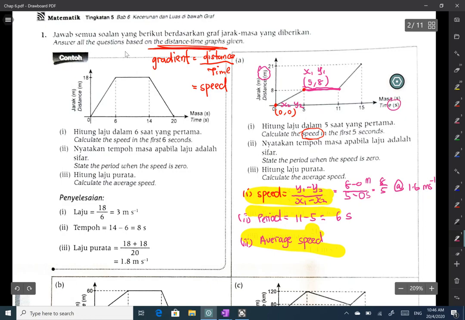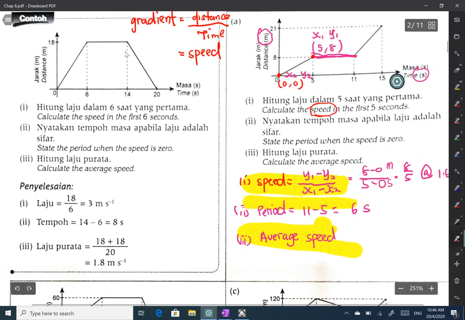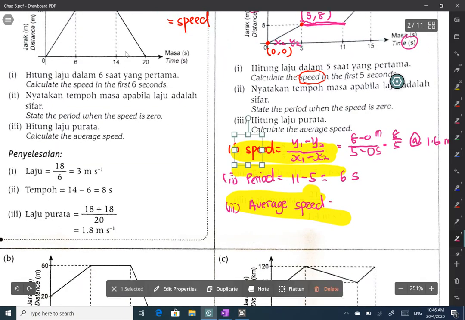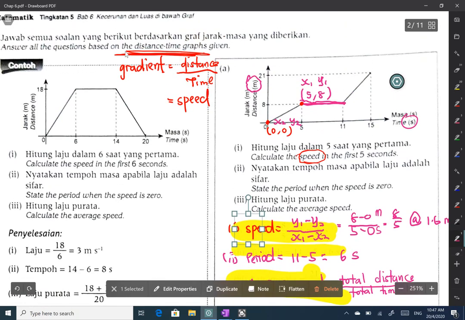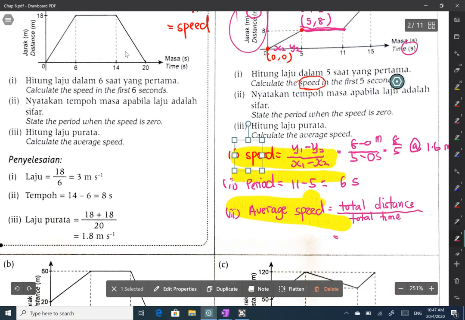Number 3, calculate the average speed. Average speed is total distance divided by total time. This is the formula. What is the total distance? From here to here to here to here, so total distance is 21.